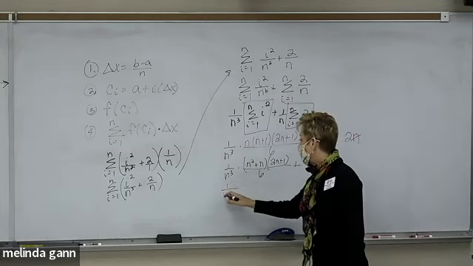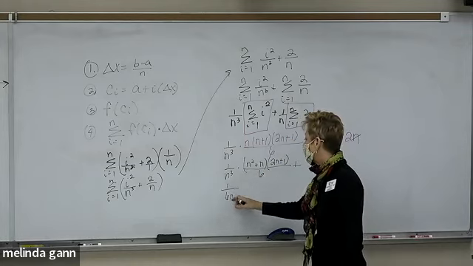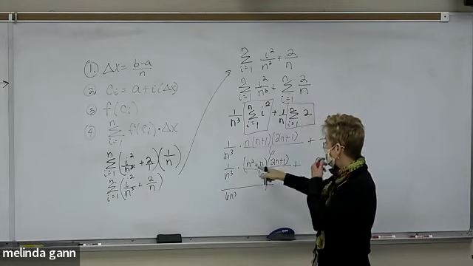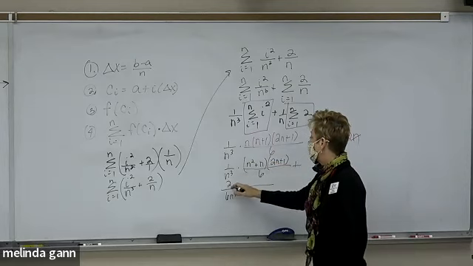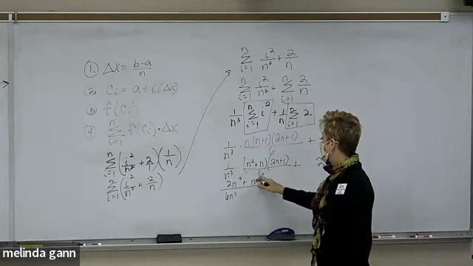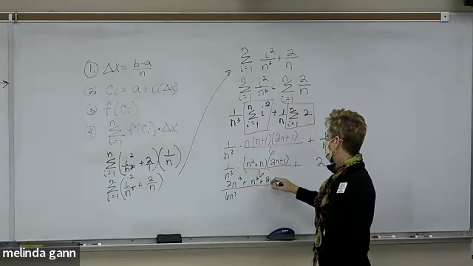So I've got a 1 over, now here n cubed times 6 is going to be what? 6n cubed. All right, now I'm going to distribute this out. n squared times 2n is 2n what? Cubed. n squared times 1 is an n squared. Now I've got to do n times both of those. So n times 2n is 2n squared, and 1 times n is n.